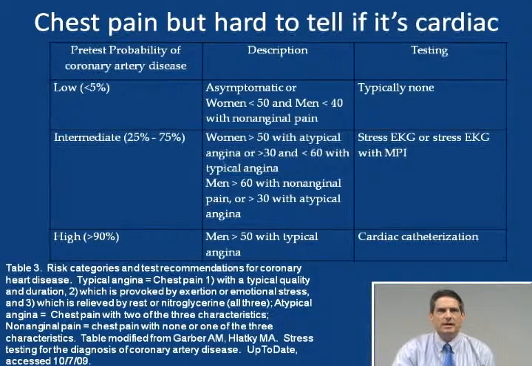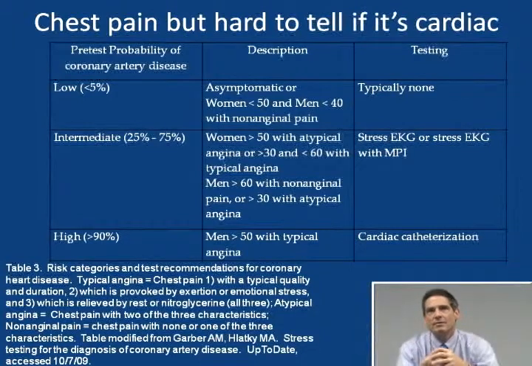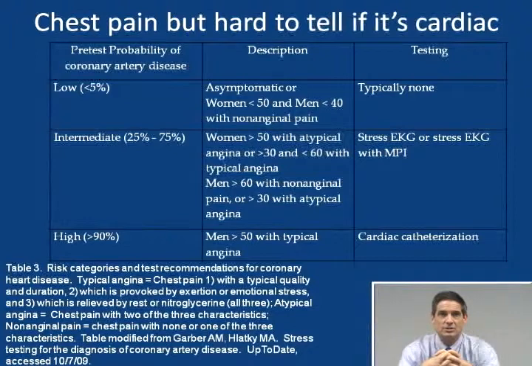How about those patients that have chest pain, but it's hard to tell whether they have cardiac chest pain or not? The drama of the patient presenting with an acute myocardial infarction is really the exception and not the rule for a patient seeing a primary care provider for the evaluation of chest pain. Most of the patients come in because of angina, of stenosis, although sometimes their symptoms are atypical.